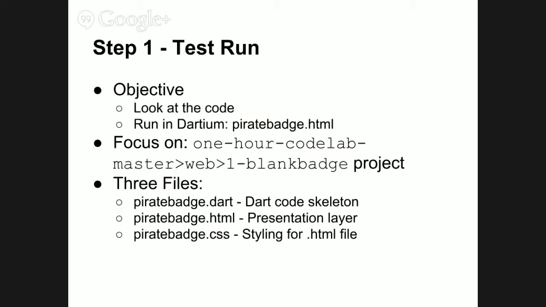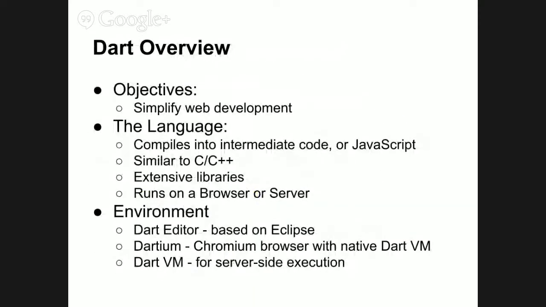It's 7 steps total. When you download Dart, you get 3 things: the editor, which is based on Eclipse; Dartium, a Chromium-based browser that has the Dart VM; and a Dart virtual machine that you can use to run code on the server side or on your local machine, non-web.